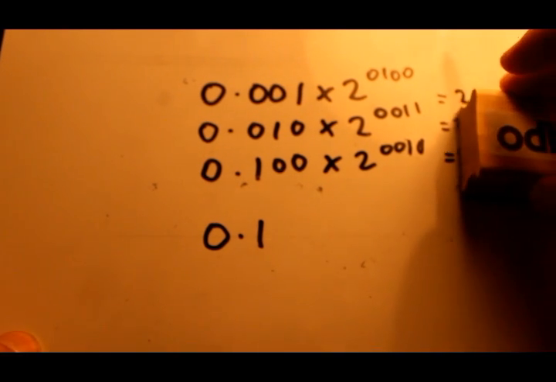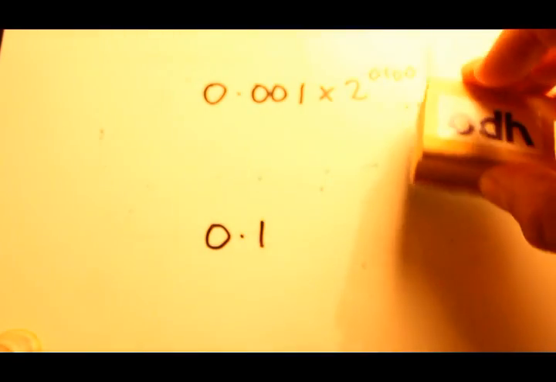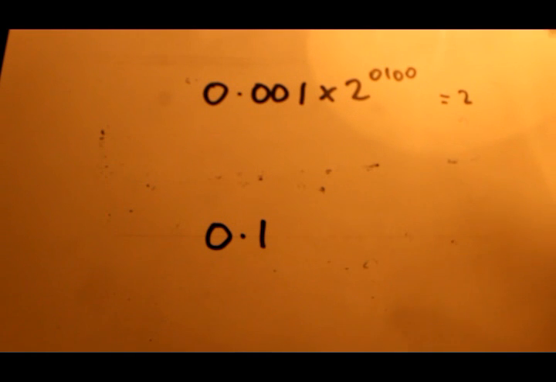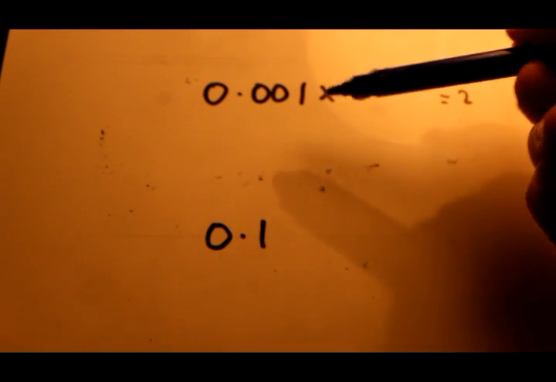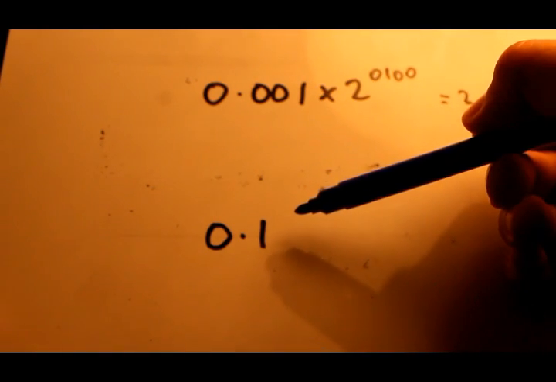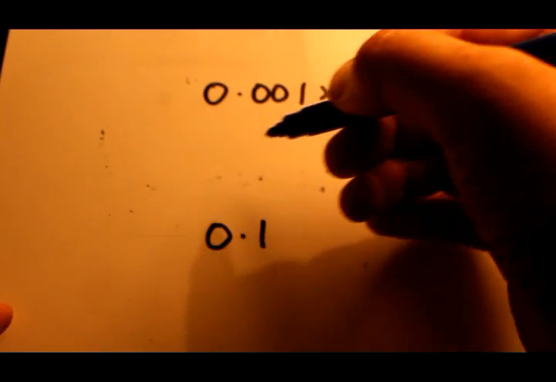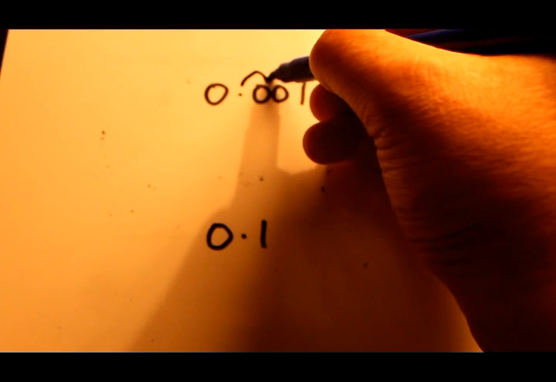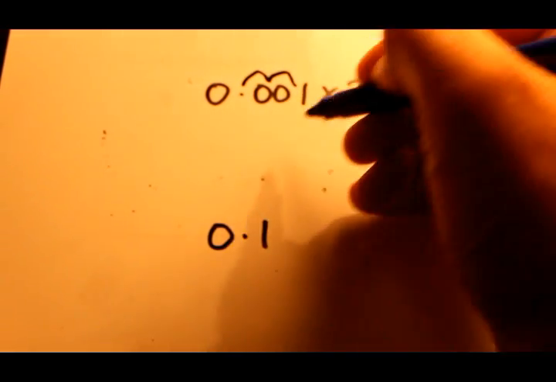So let's get rid of these and I'll show you how to normalise that number so it represents the right form. So you can see that represents 2, but it's unnormalised because it isn't in the form of 0, 1. So what we do is we float the point 1, 2 places.